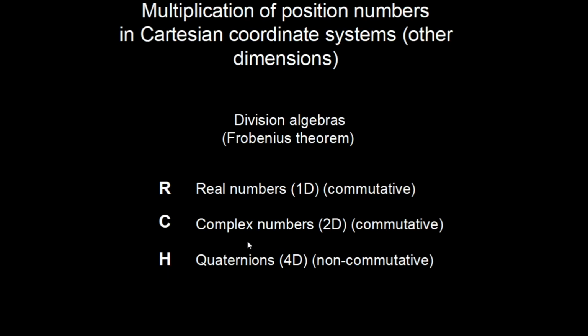R and C are commutative, but H is not. There is no division algebra in the 3D Cartesian coordinate system.